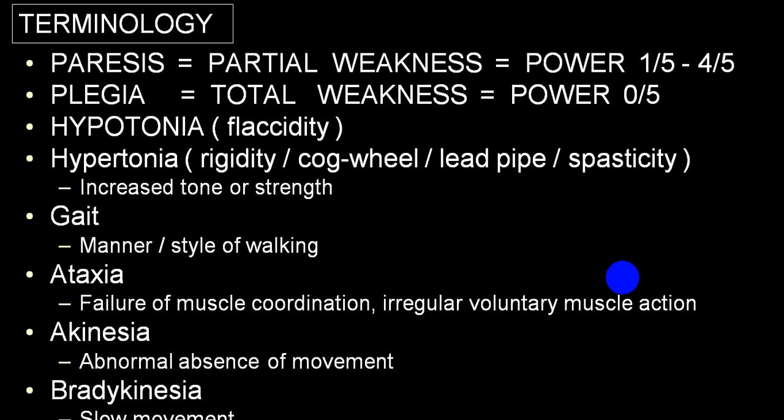When the tone in the muscle is completely 0, we call it flaccidity, or we use the word hypotonia. Flaccid or hypotonia. And if the tone is increased, we call that hypertonia. And in that we use some words like rigidity and spasticity.